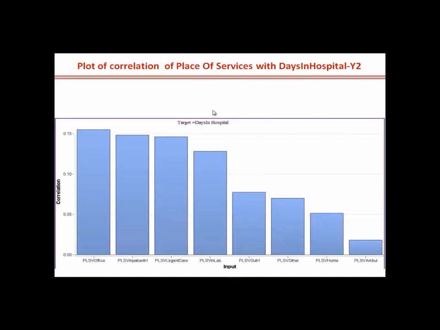Another way to decrease the number of predictors is to find the correlation between predictors and target. For example, here you can see that for place of service, ambulance and home have less correlation with days in hospital compared to the other places. In the modeling part, more explanation will be provided.